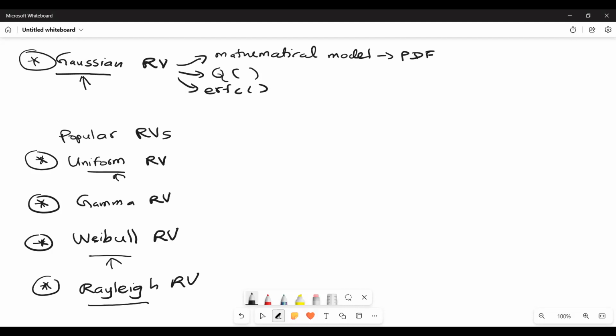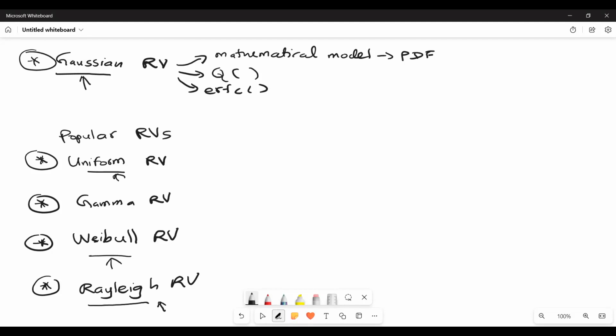So these random variables can be used to define how the values of the channel coefficients vary in the real world. Random variables are used to fit the signals with mathematical models.